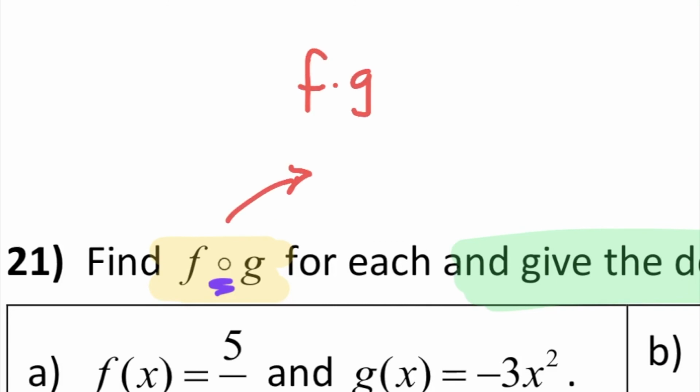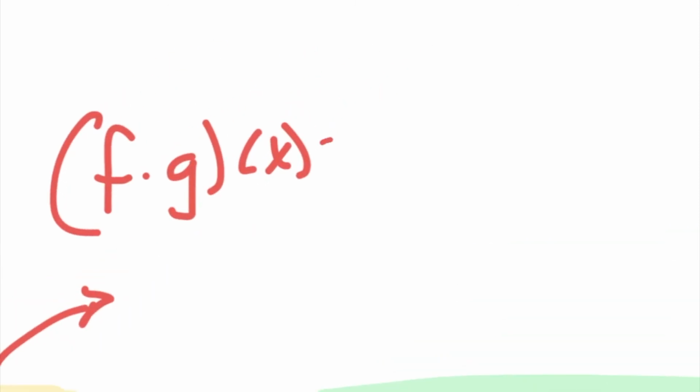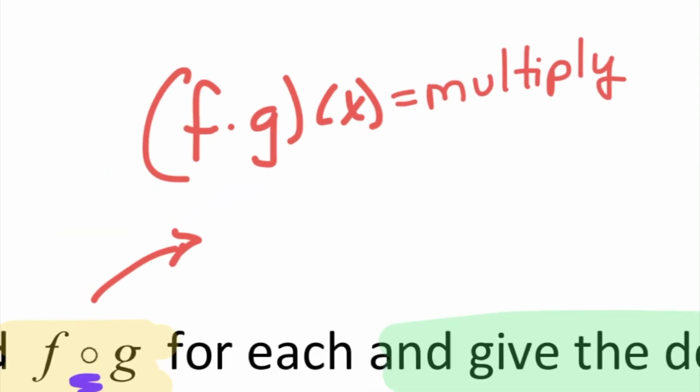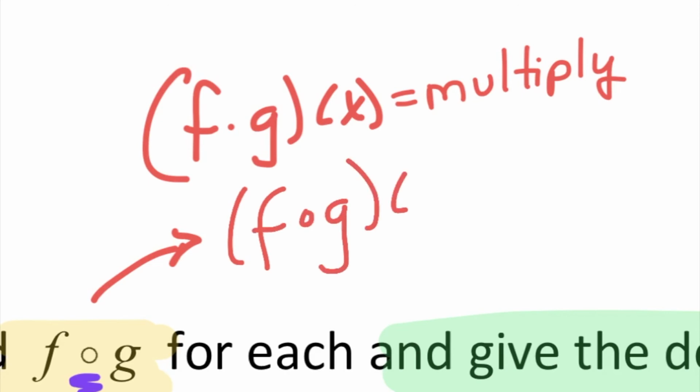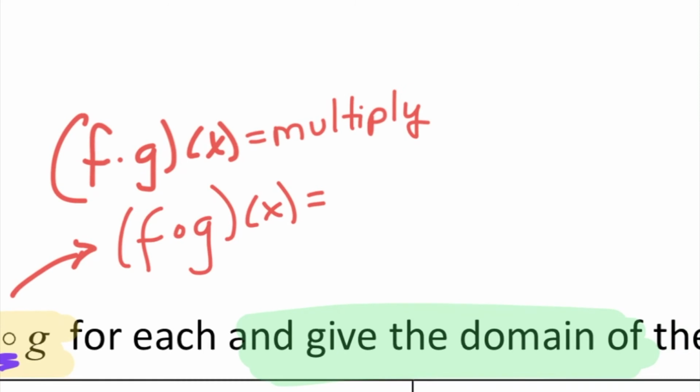F times g of x means multiply, which is very different than f of g, which means compose. So that's composition.